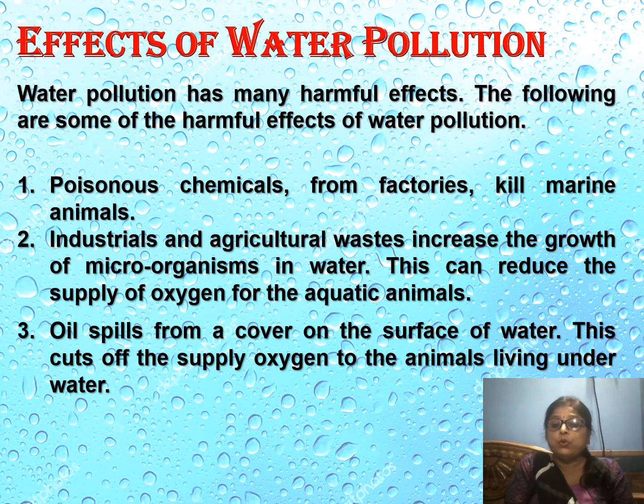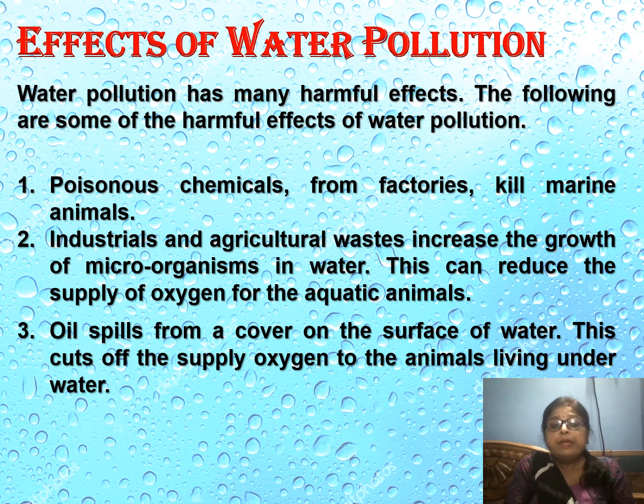Microorganisms are those organisms which you can't see with the naked eye. When these organisms increase in the water, they take the oxygen, and there is a scarcity of oxygen for the aquatic animals. Due to a scarcity of oxygen, the aquatic animals can die.